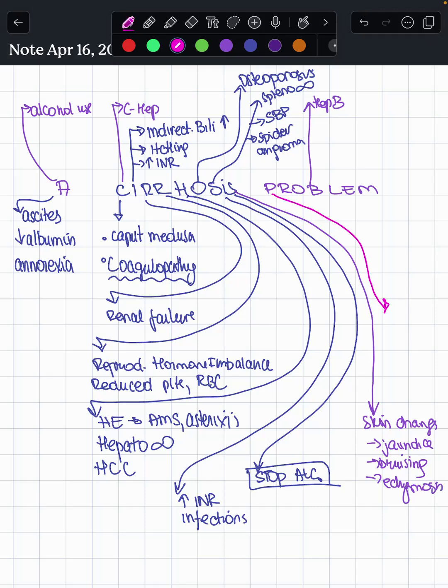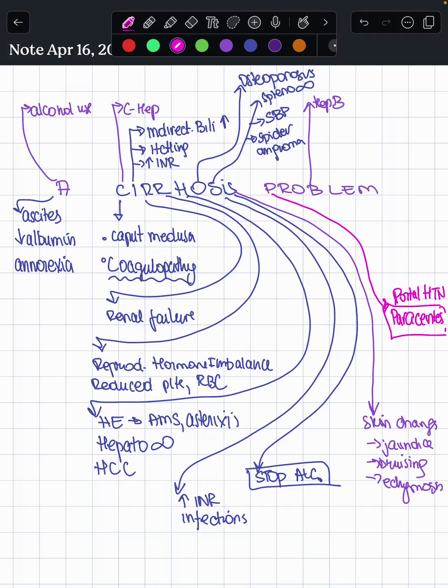So letter P will stand for portal hypertension, which we know causes a lot of issues here, like caput medusa. And also P will stand for paracentesis, which is the way for us to address the ascites.